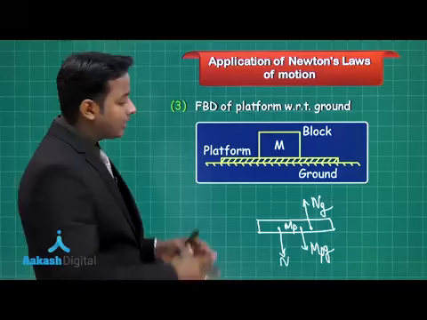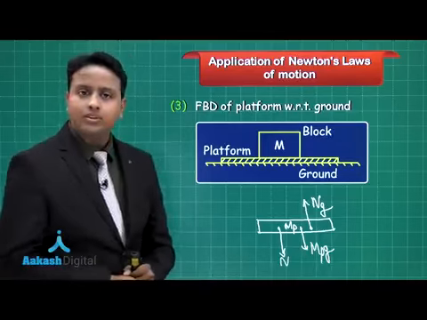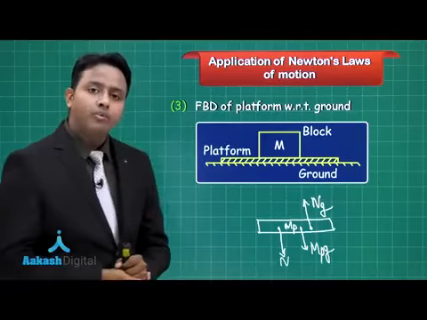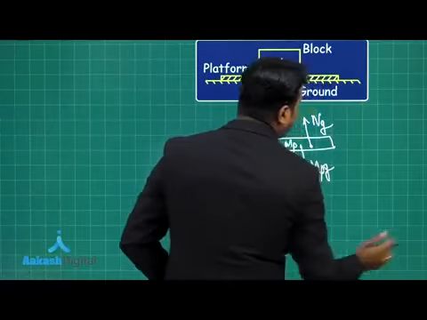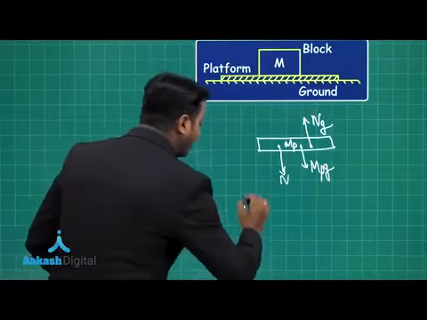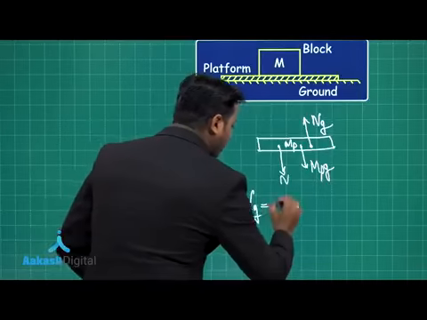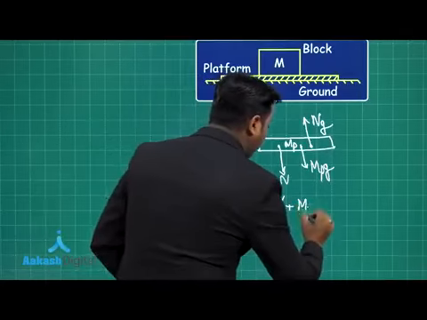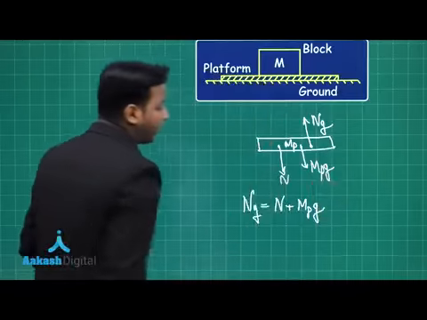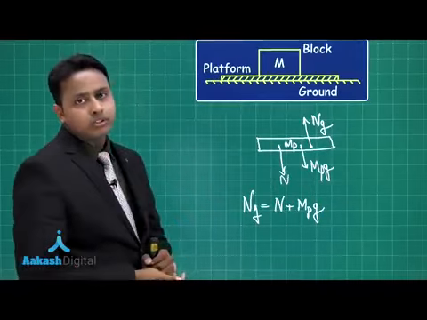So these are the three forces which are acting on this platform. If I draw the free body diagram of the platform, and since the platform is also in equilibrium, I can simply write that the normal reaction from the ground is equal to the normal reaction from the block capital M plus Mp g. And I hope you have understood the expression.